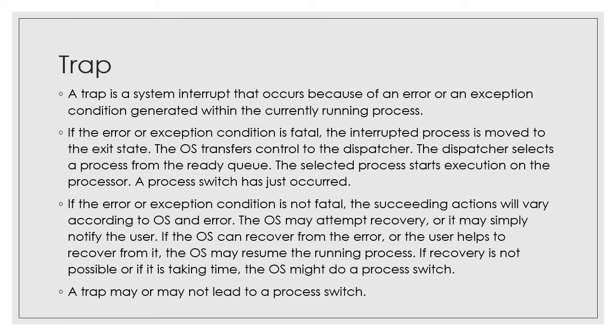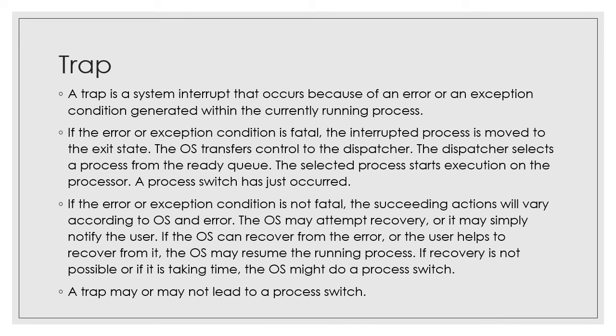The OS may attempt recovery, or it may simply notify the user. Have you ever seen a message box telling you that there seems to be an error in the application and asking you to close it or restart it? That is the operating system notifying you that it cannot pull us out of this mess. You do something.